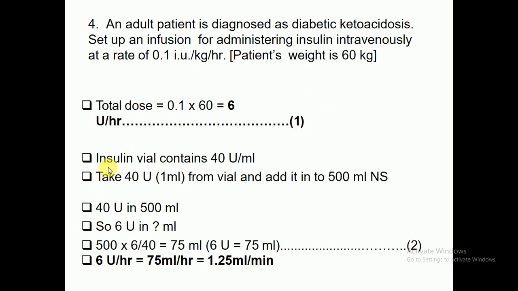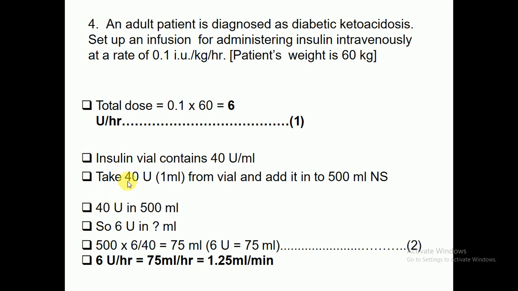Now the insulin vial contains 40 units per ml. This is already given in the literature, in the label, so you can study it. It means that on the basis of per ml, the insulin vial contains 40 units per ml.